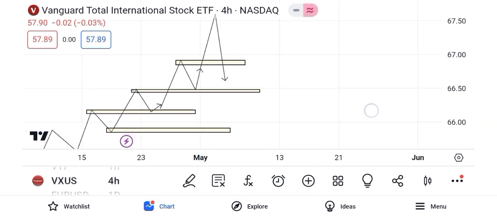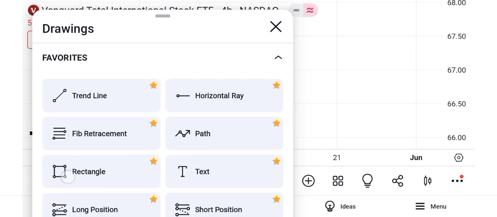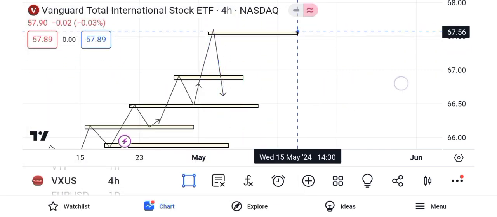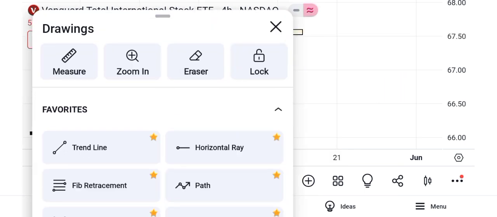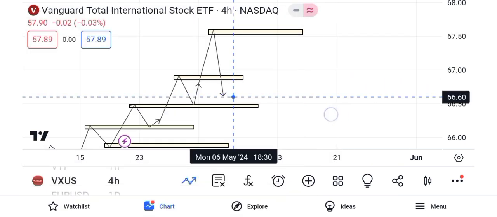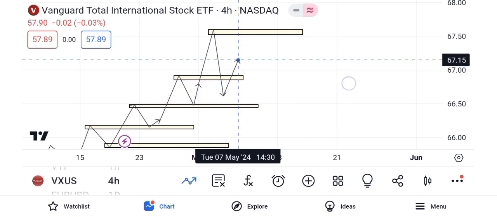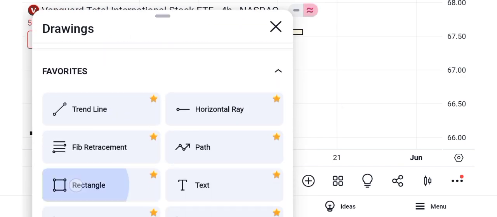So assuming this also, then we take our rectangle tool again, and we draw our support level here, right? Once we draw our support level, you notice that the market is making an impulsive move again. So now you realize that here becomes the latest swing point.